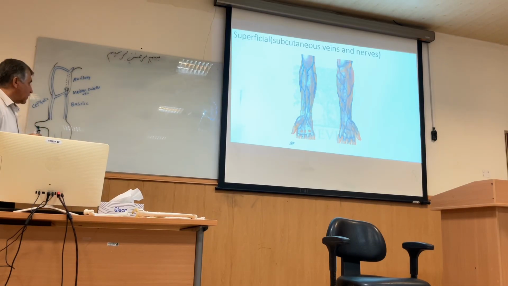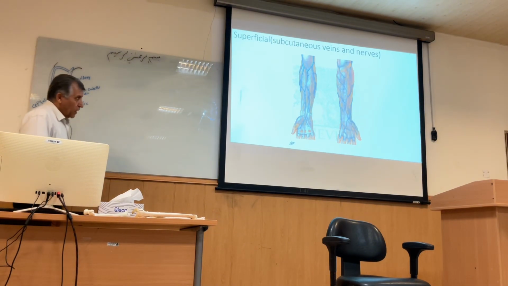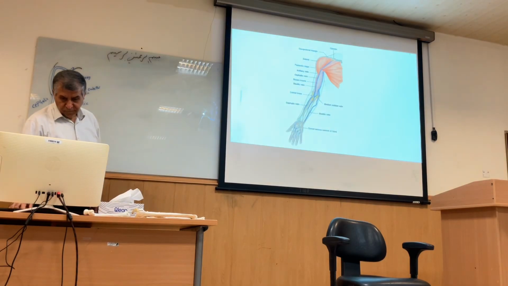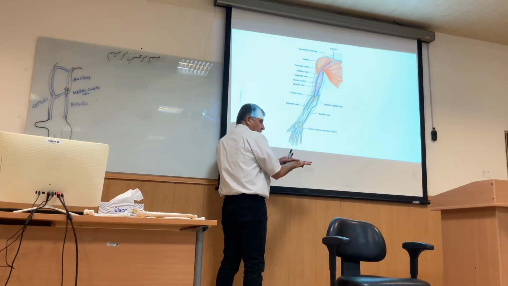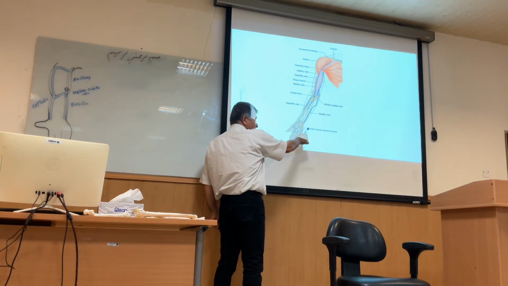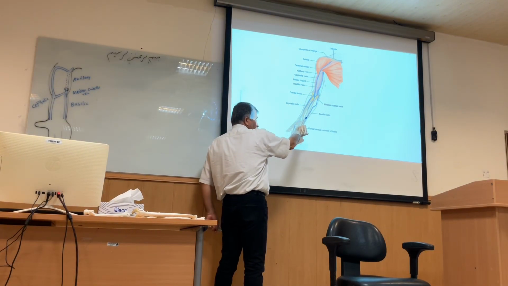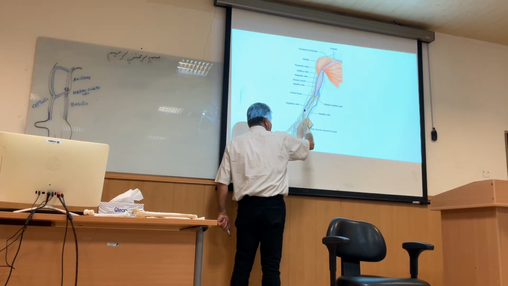In clinic it is used very commonly, because for blood sampling or injection, this vein is used. In this figure, behind the hand, the dorsal venous plexus, two veins originate: basilic and cephalic.